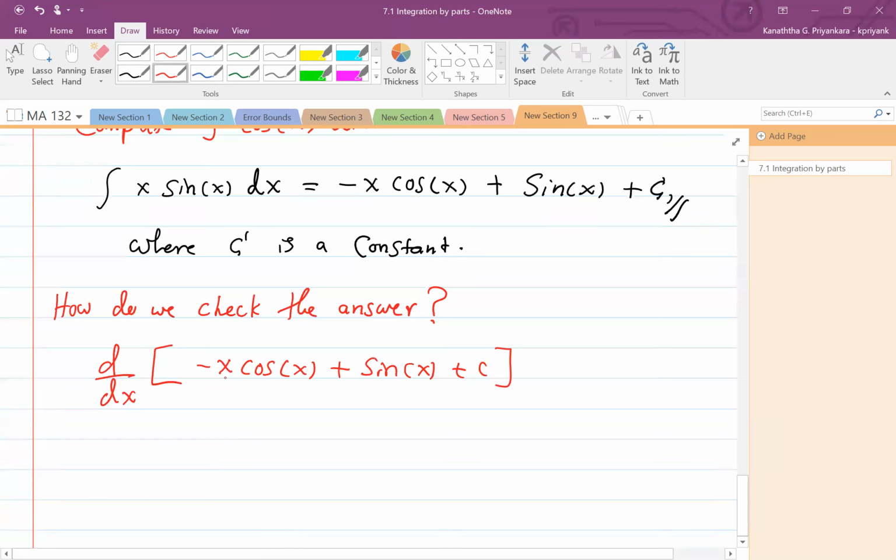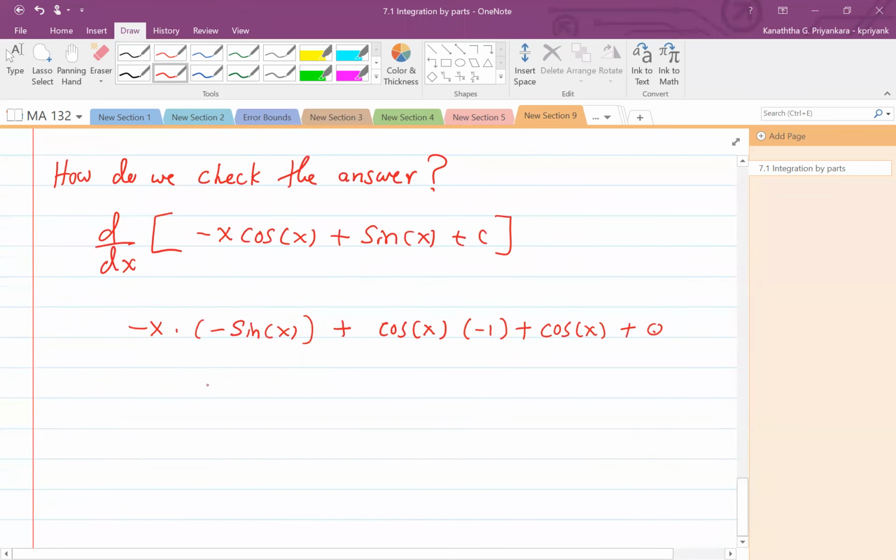We get negative x times the derivative of cosine, which is negative sine x, plus cosine x times the derivative of negative x, that is negative 1, plus the derivative of sine x, which is cosine x, plus the derivative of a constant, which is 0.